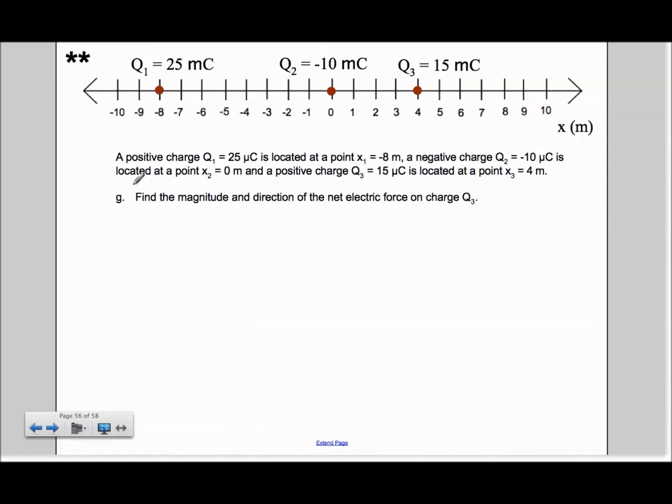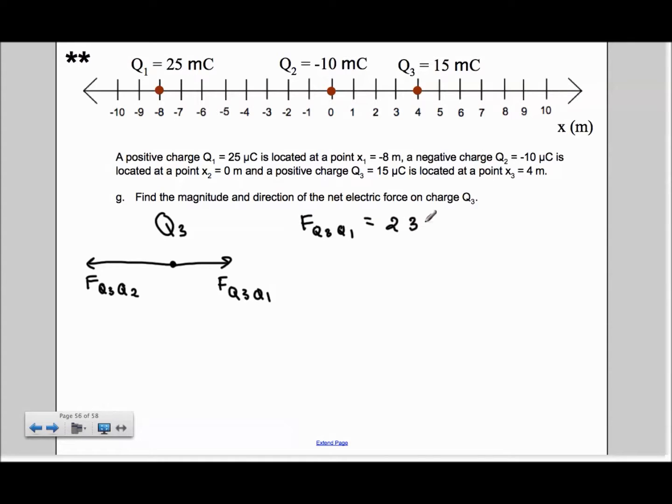Now we will do the same for Q3. So Q3 experiences a force away from Q1, since they both have the same sign. However, this force will be smaller than the force it experiences from Q2, because Q2 has a lesser distance from Q3, and the force due to Q2 will be towards Q2 because they have opposite signs.